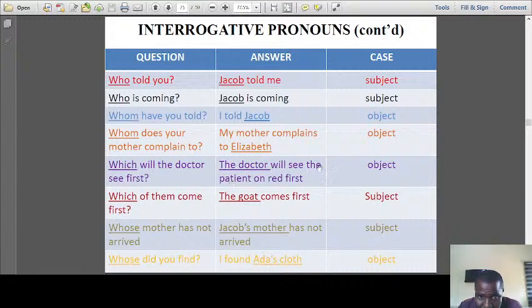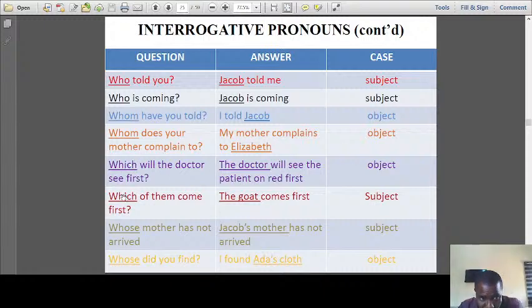They will see the patients in red. The patients in red, that is the object, is correct. So this underline here is supposed to be the patients in red. There's an error here. The patients in red is the one the doctor will see first. And the patients in red is the object position which is used.